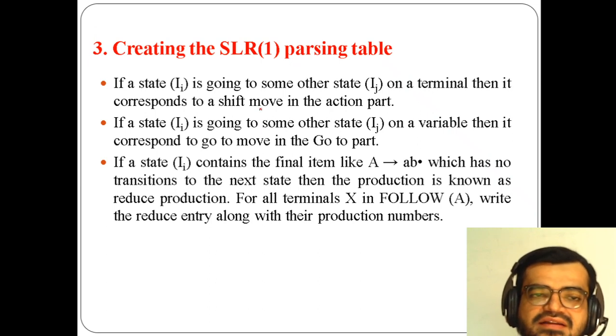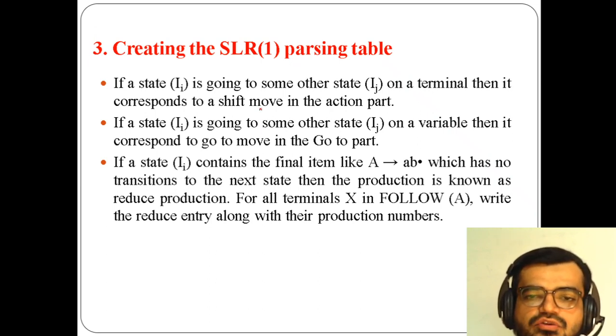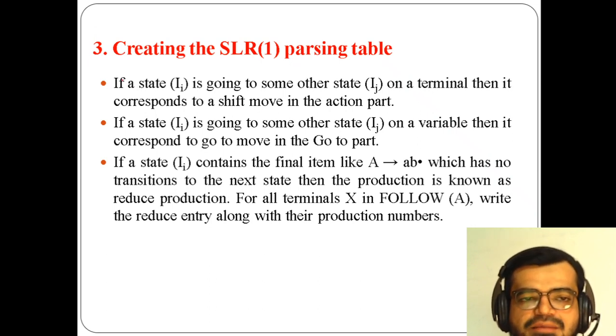But the difference is in the SLR(1) parsing table, so we need to concentrate more on this, because this is where the variation between the two parsing mechanisms comes in.